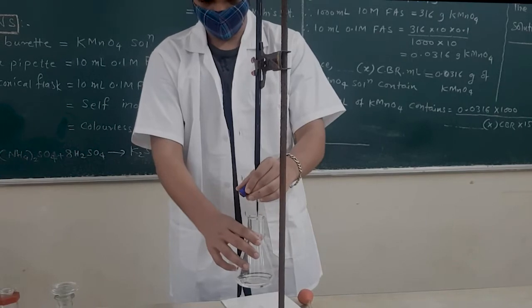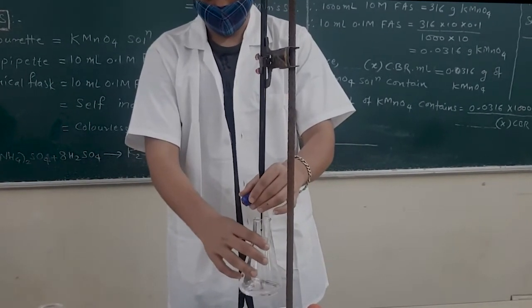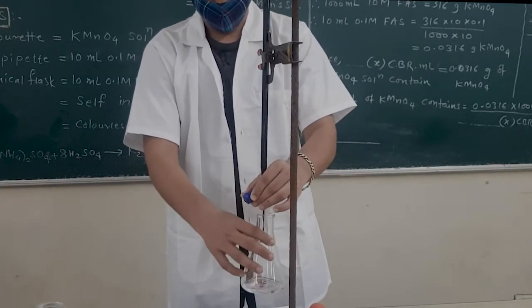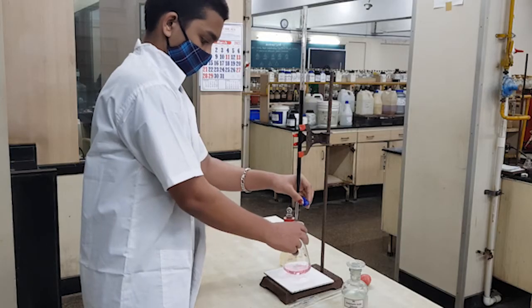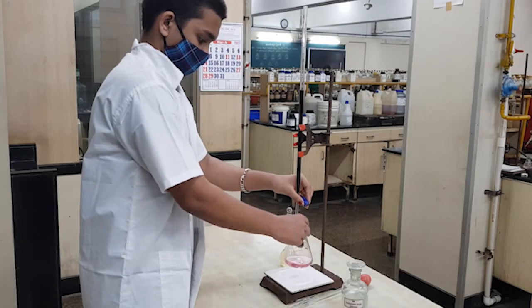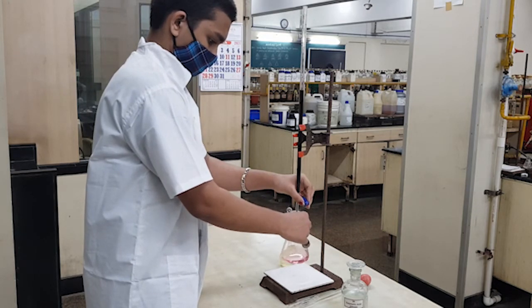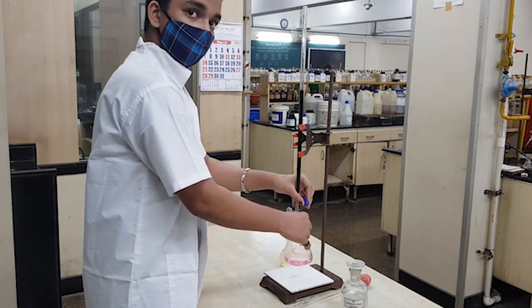So we need to add KMnO4 solution to the conical flask. Addition should be drop-wise with constant stirring. We have to continue adding KMnO4 solution till the colorless solution becomes faint pink in color.